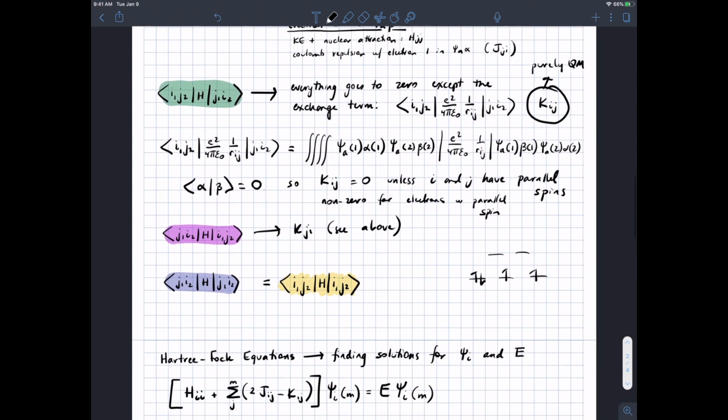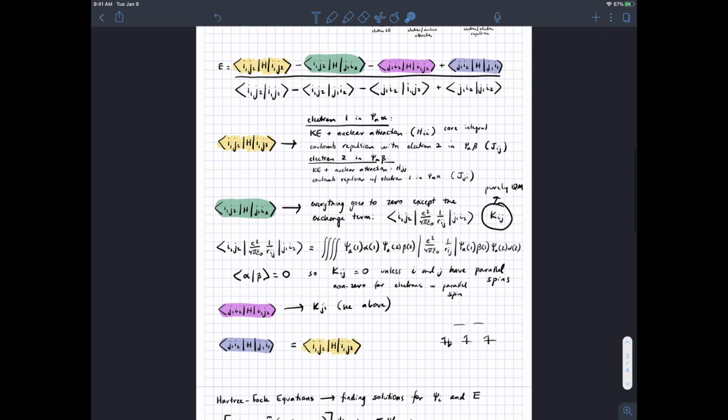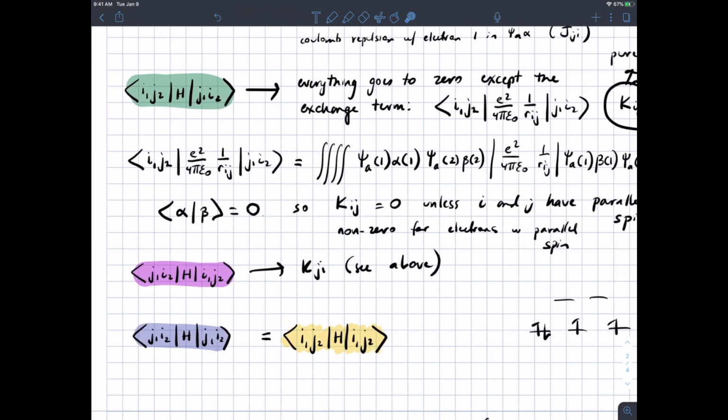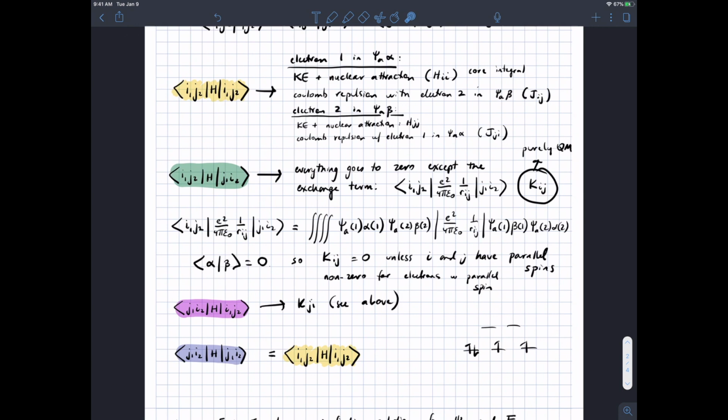So with that in mind, the purple term is another one of our switcheroo terms where you have J1 before the integral and I1 after the integral. This is another exchange integral. And then the blue term is actually just equal to the yellow term.